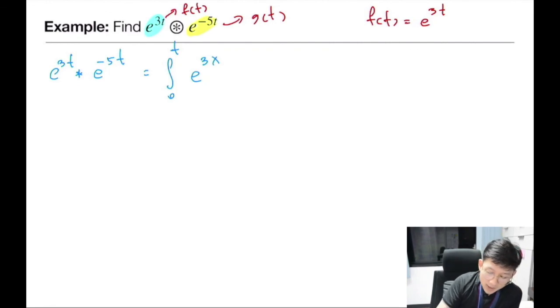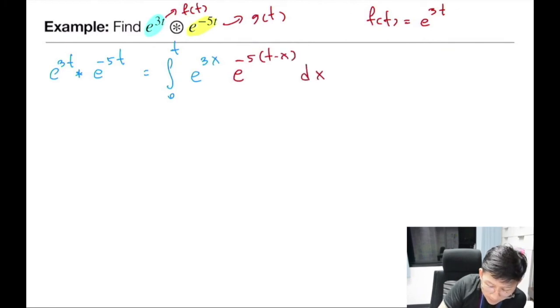And g(t) is e to the minus 5t, so g(t minus x) would be e to the minus 5(t minus x) dx.